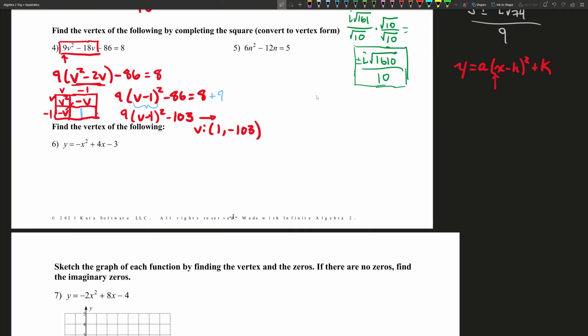Where did I get the plus 9? All right, so let's see if I can make this a little bit clearer. We're completing the square in green. So all of this is going to be in green as well.